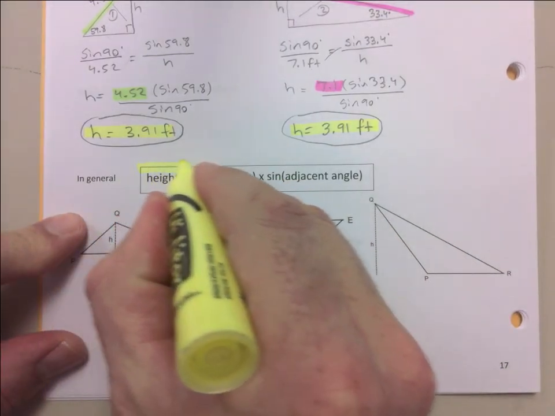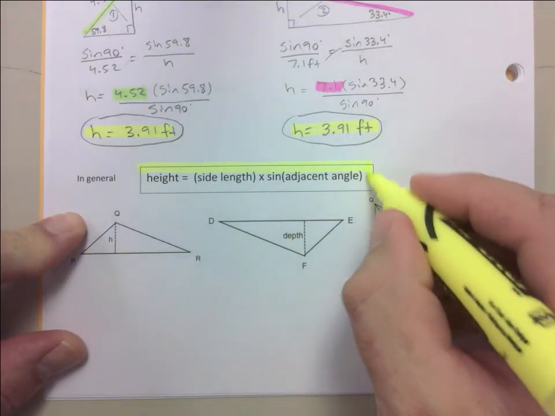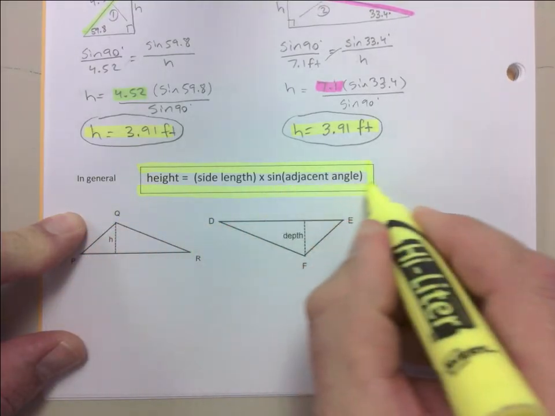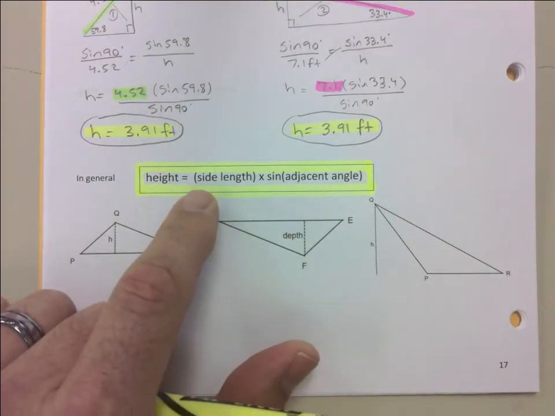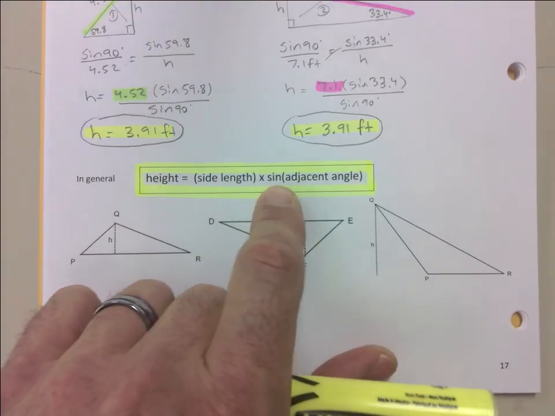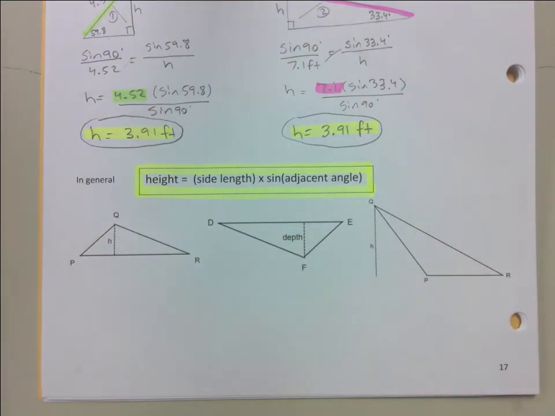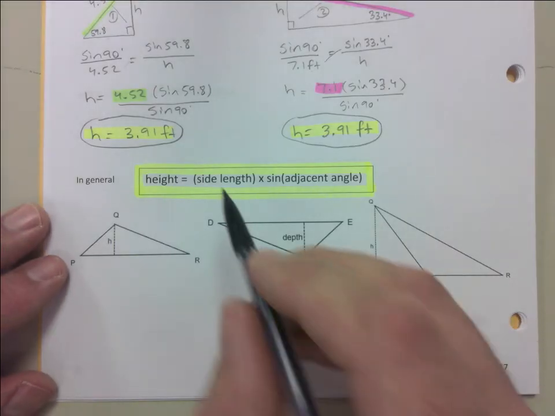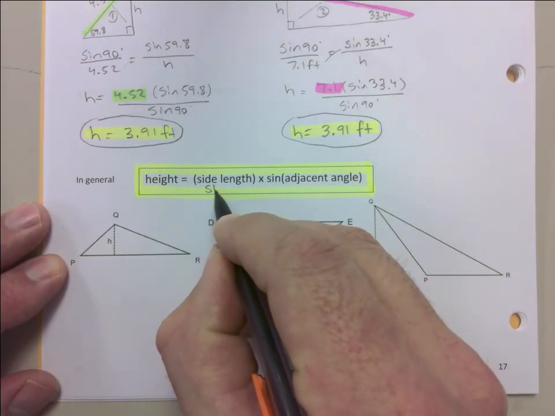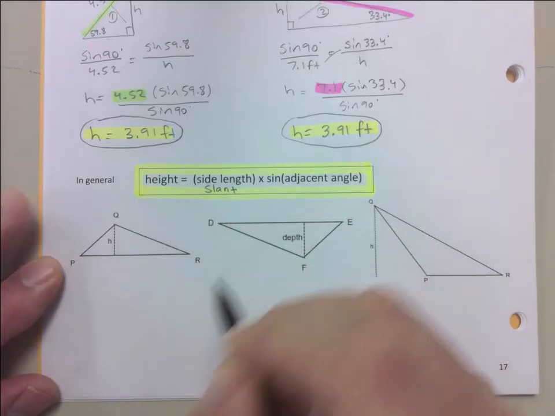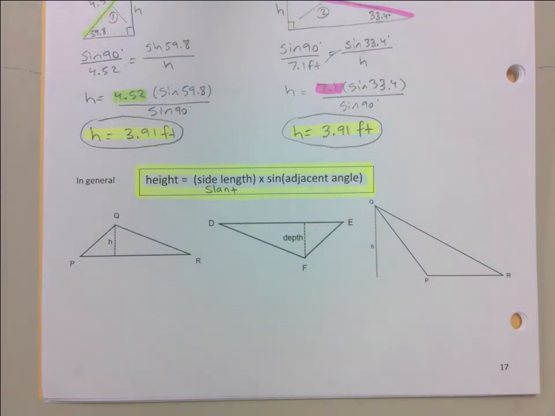To find the height, you take the side length times sine of the adjacent angle. I think I'm going to give you a short... Can you, under this side length, go slant? It's the slanted side, to be specific. Okay?